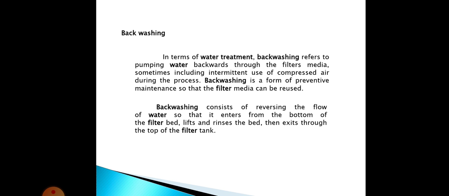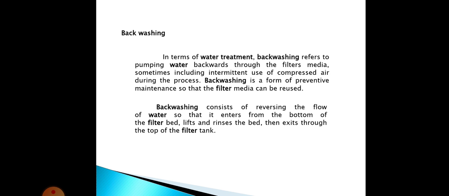So what we have to do is maintain the filter media. This process of maintaining the filter media, we call backwashing. Here the flow is reversed. Normally, water flows under gravity from the filter tank, is filtered through the filter media and collected at the storage tank.